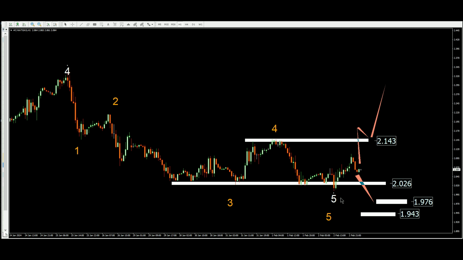I think if here is not end of wave 5, this is our target for end of wave 5. I can't say 100%, but if we have another low here, then bullish market.